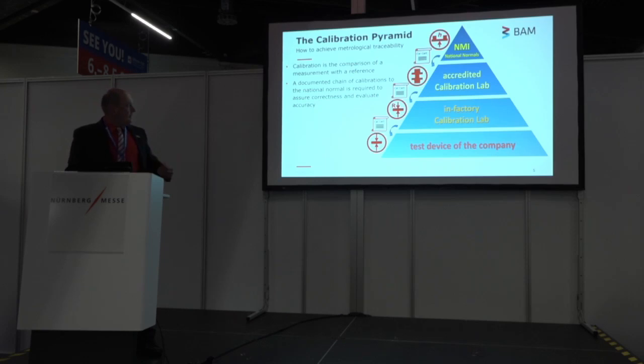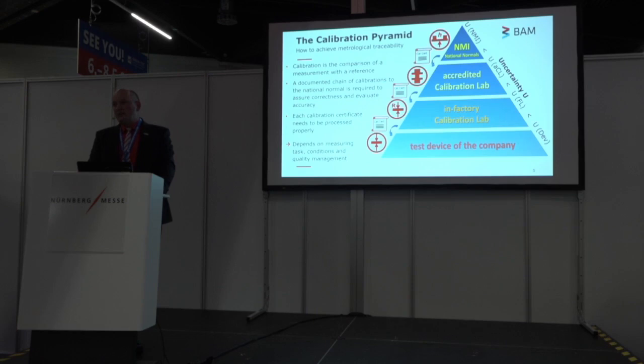So if you have an uninterrupted chain of valid calibrations from the national normal down to the test device, which is documented by the calibration certificates, then you are able to receive the metrological traceability of the measurement results you are having and you are using in your facilities.